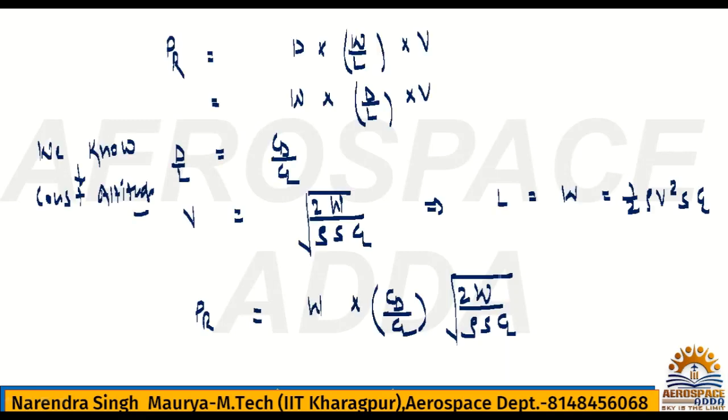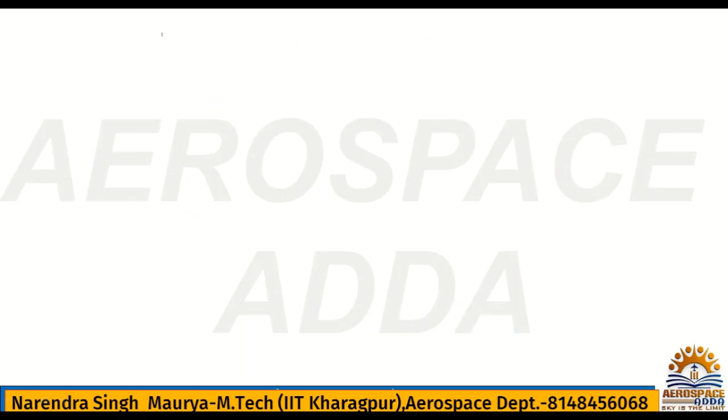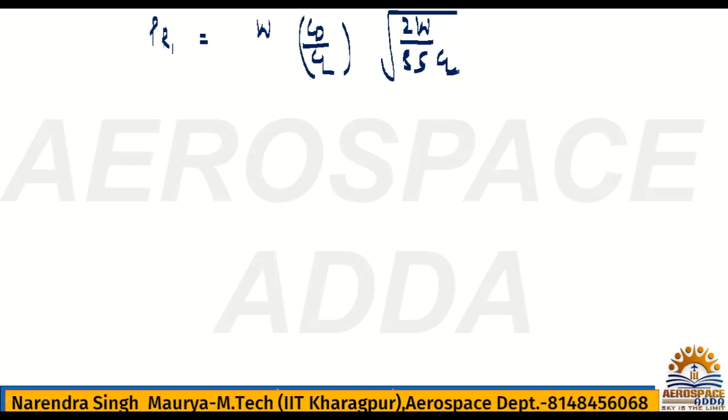So what will we get? PR is equal to W times the square root of 2W by rho S CL, times CD by CL. Yes or no? Now you can take this W outside. So W, 1 by 2, 1 W we have. So what will this value be?